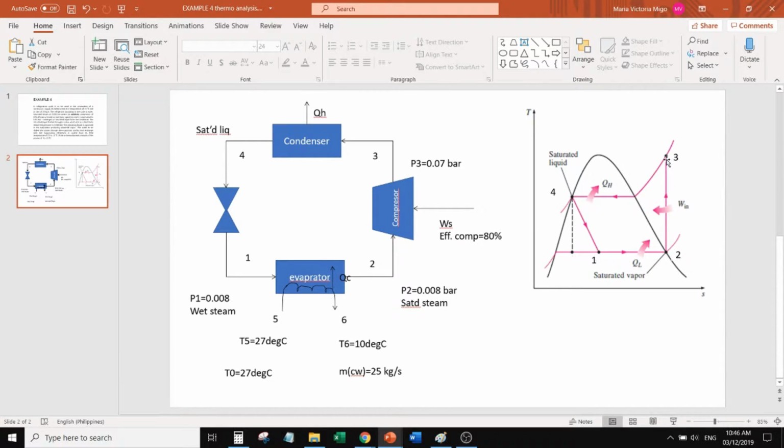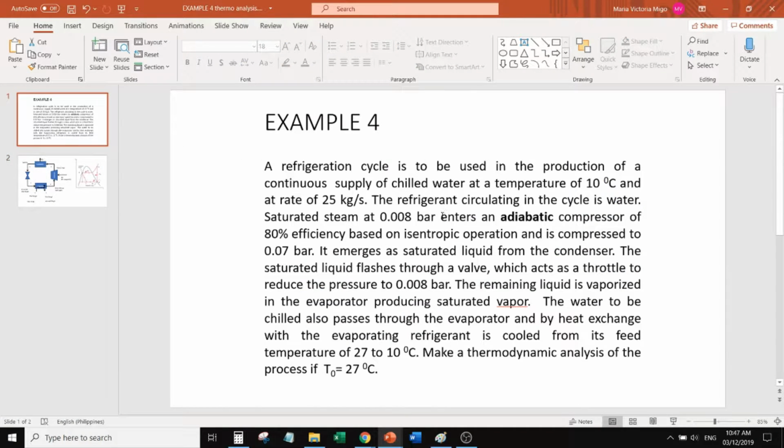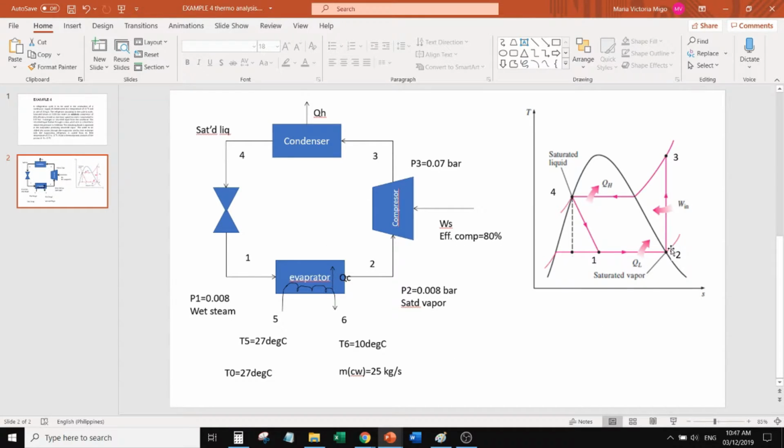So in the TS diagram, this is the compressor. There's work in, or work input. It enters as a saturated vapor. In the problem it was not given, but we can assume that it enters as a saturated vapor, based on the TS diagram.